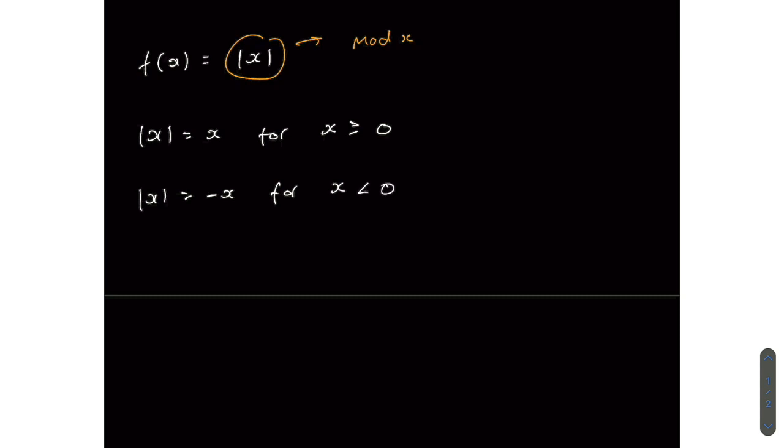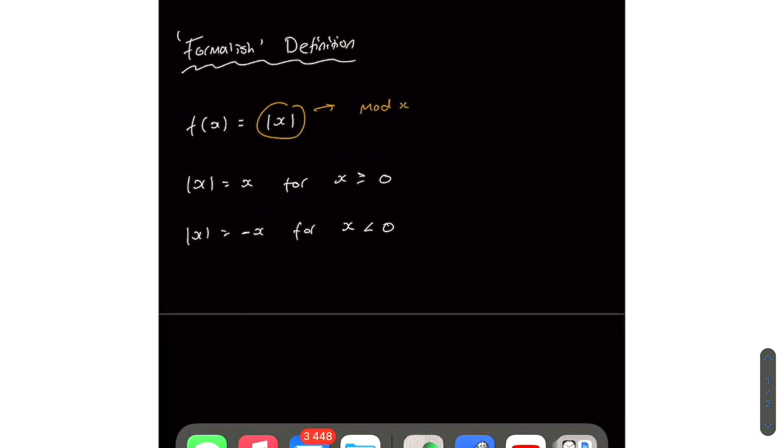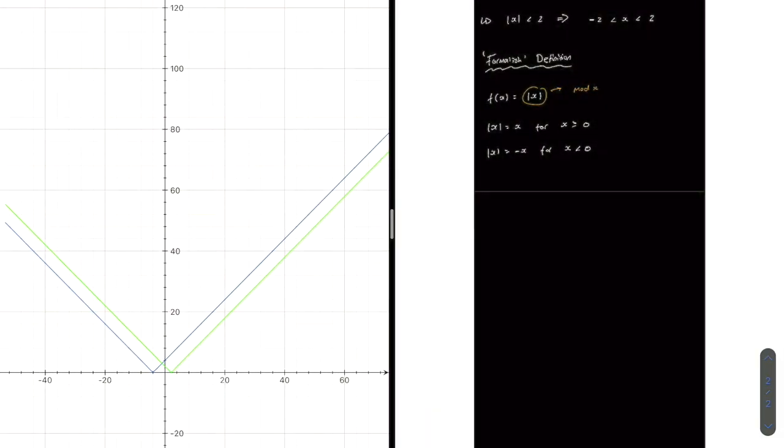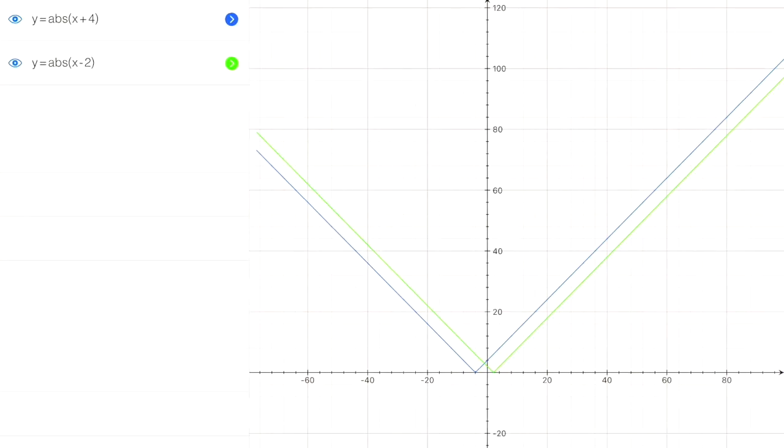Now I want to present a graph to really strike this into your mind. All right, so here I've got two graphs. What I've got here is y is equal to the absolute value of x plus 4, which is represented by the blue, and y is equal to the absolute value of x minus 2, which is represented by the green.